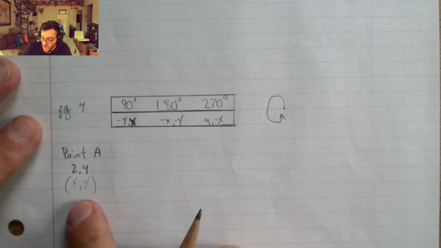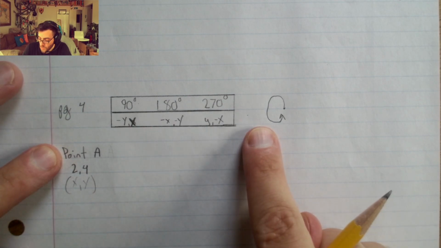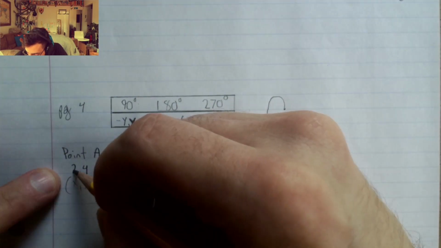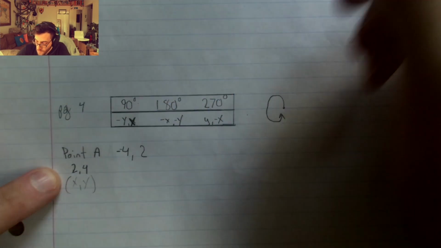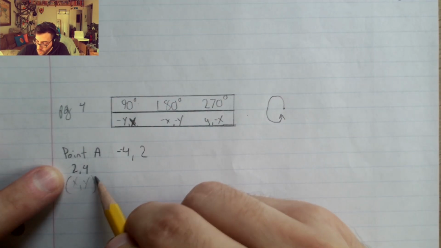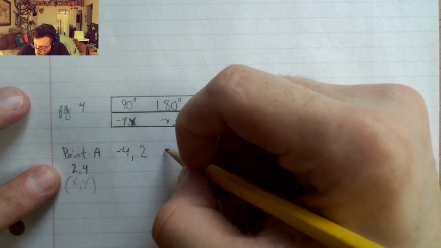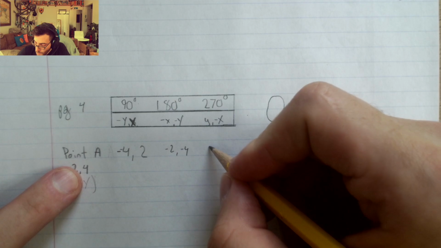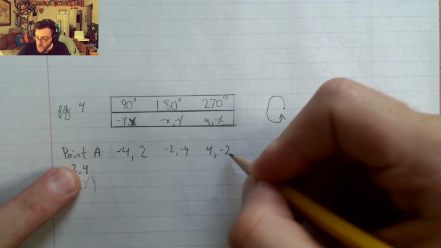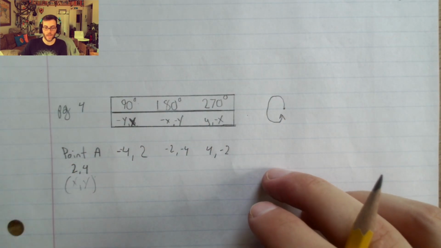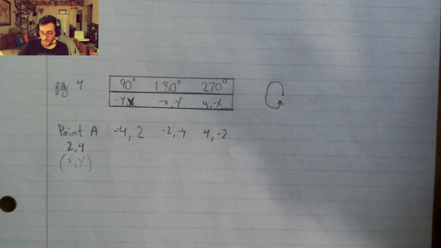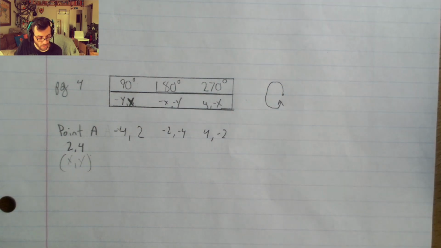All we want to do is, if we want to rotate a point, we use this little formula where we're going to be swapping our values, say -4, comma 2, -2, -4, and +4, comma -2. This allows us to take that figure and rotate it around in our coordinate plane itself. Nice quick formula.